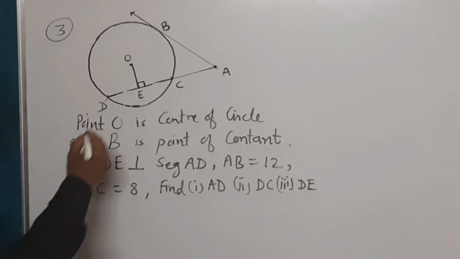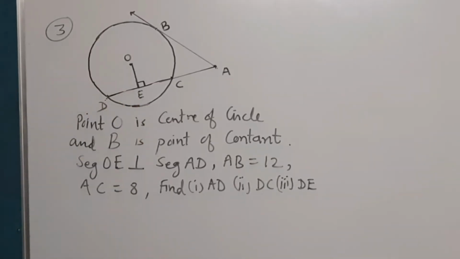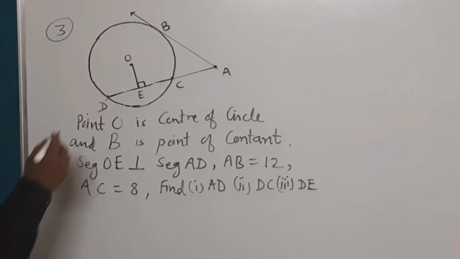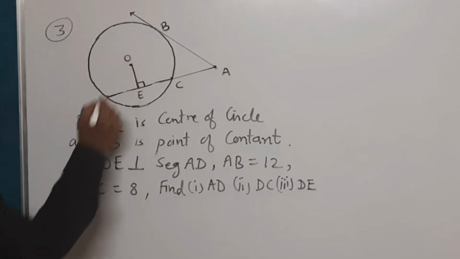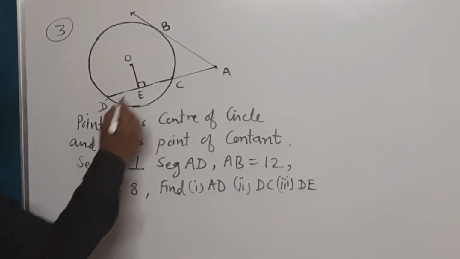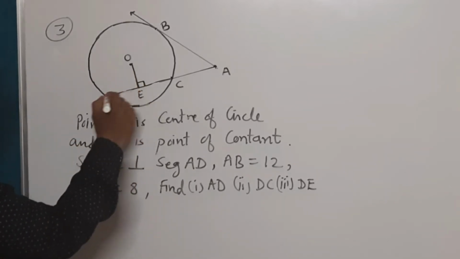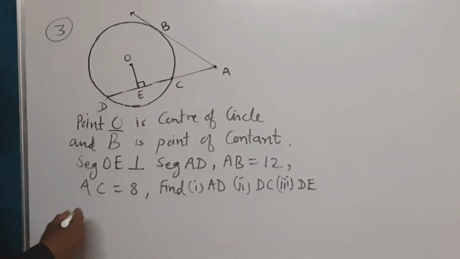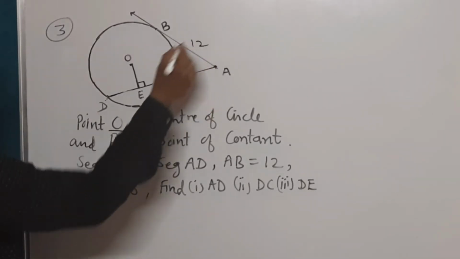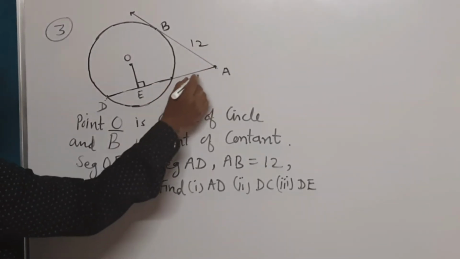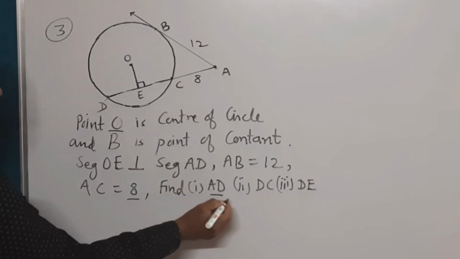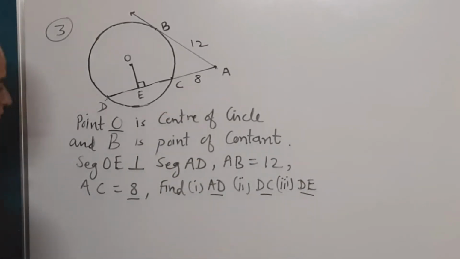Question number 3. In the given figure, point O is the center of the circle, point B is the point of contact, segment OE is perpendicular to segment AD, AB is equal to 12, AC is equal to 8, find AD, DC and DE.